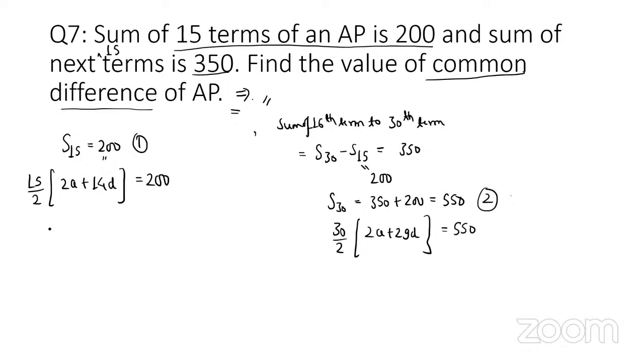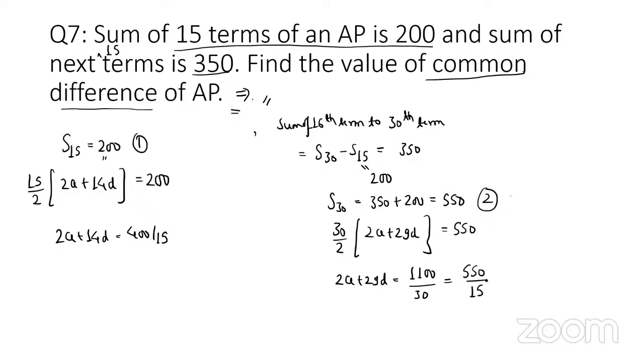Now guys, from here, if I divide, I can say that 2a plus 14d is equal to 400 by 15. And from the second, 2a plus 29d is equal to 1100 upon 30, which is basically 110 by 3, or we can also say 550 by 15.